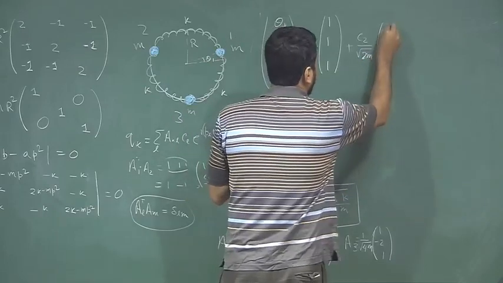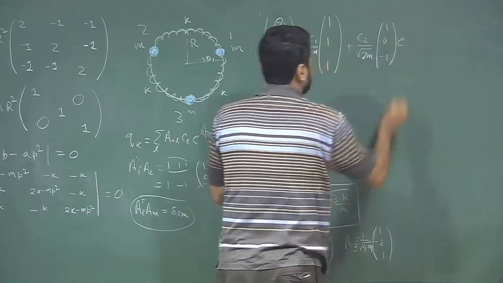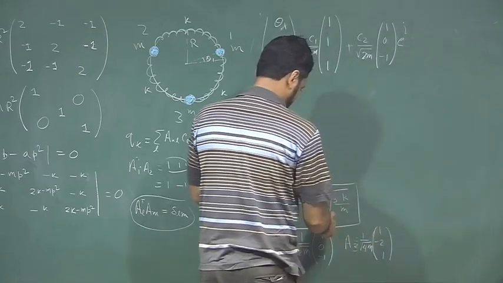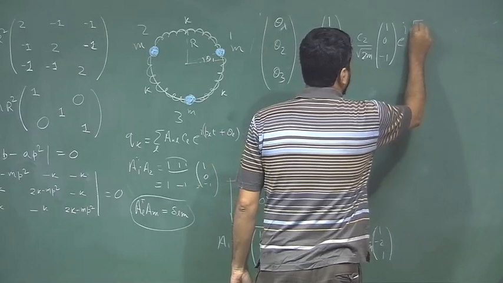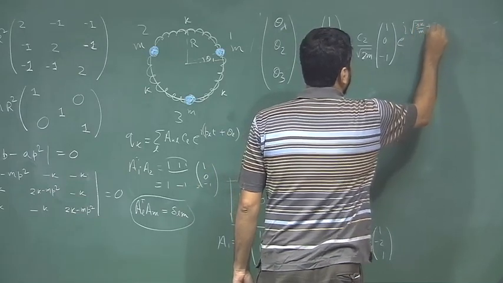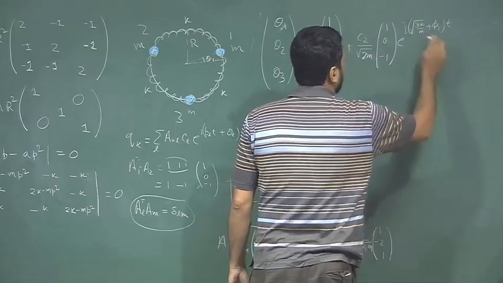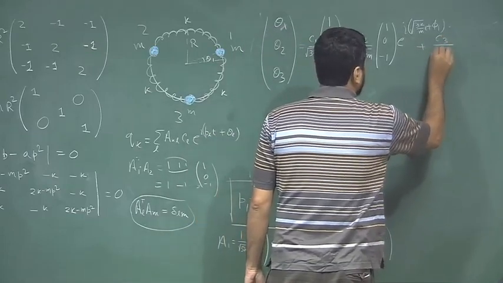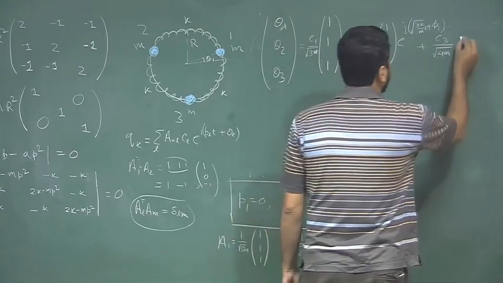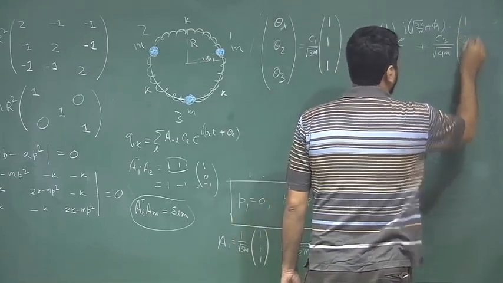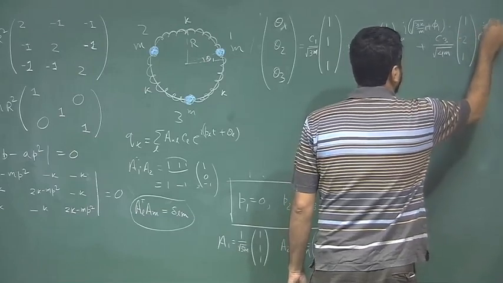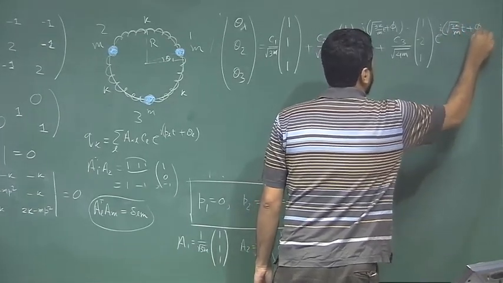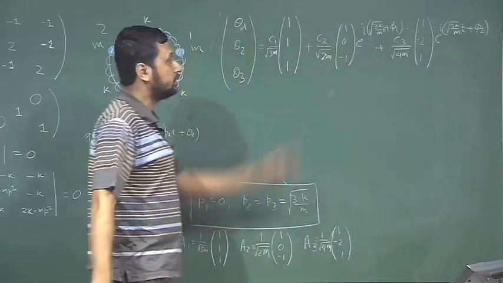Then 1 by root 2m times (1 0 minus 1) e to the power i root 3k by m t plus phi 1, and we have C3 by root 4m times (1 minus 2 1) e to the power i root 3k by m t plus phi 2. Yeah, great. So, this is the total solution of the problem.